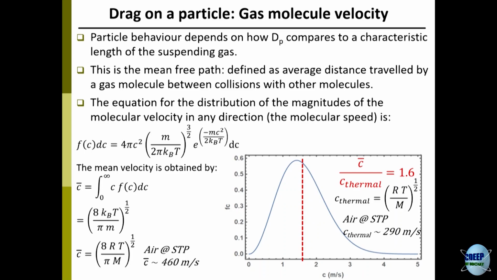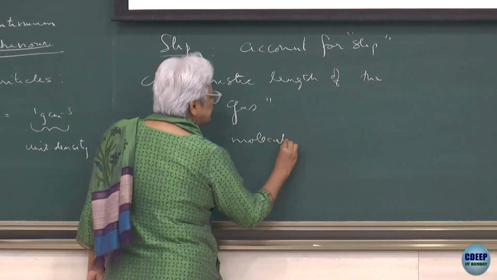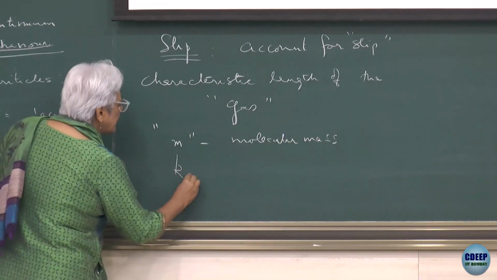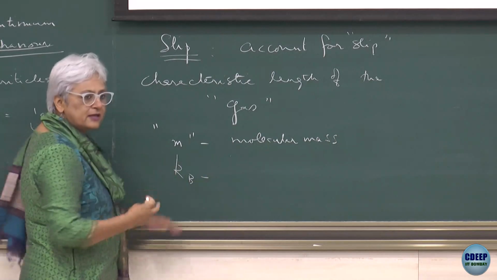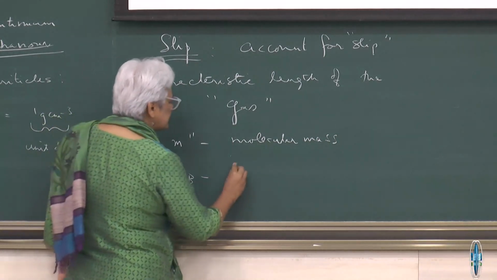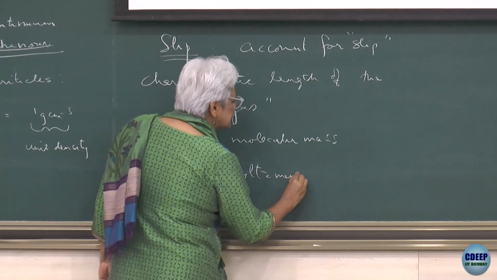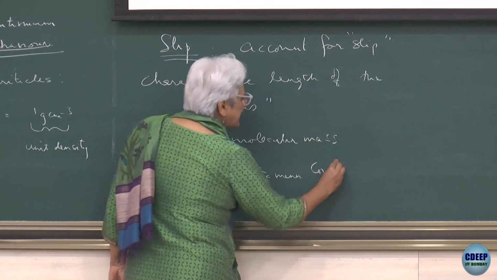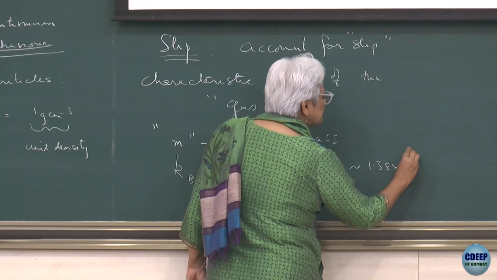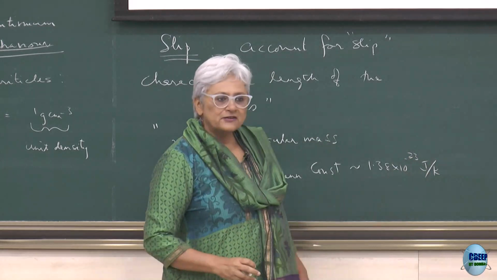Equivalently, you can be using molar mass and the universal gas constant. Boltzmann constant is nothing but R by N, which is 1.38 times 10 to the minus 23 joule per Kelvin, right.